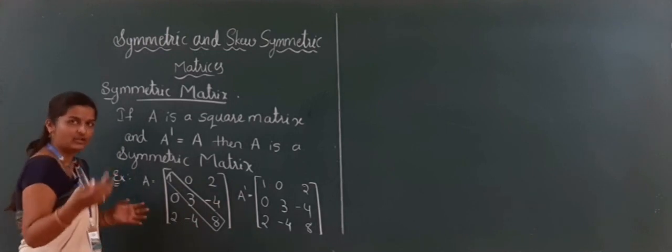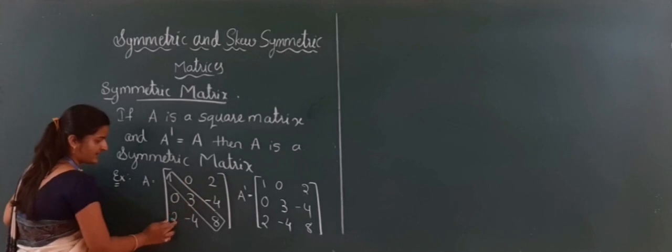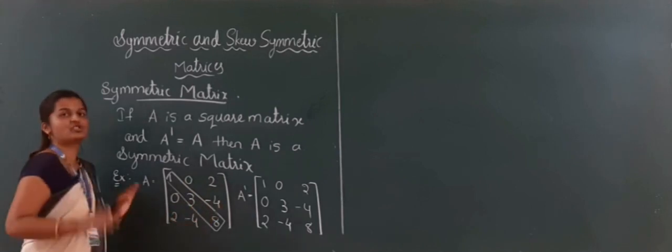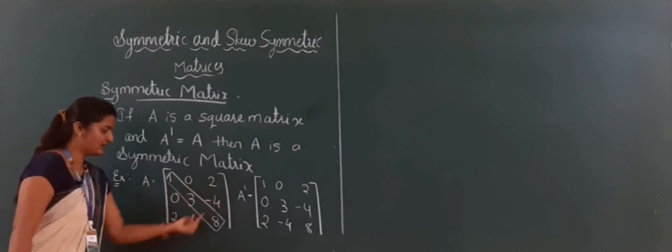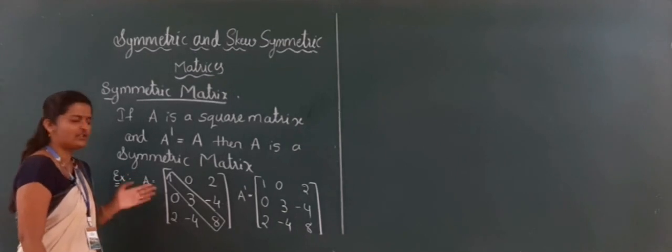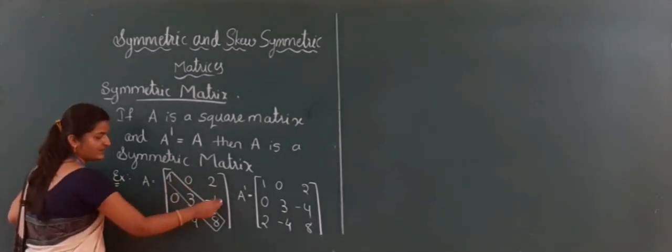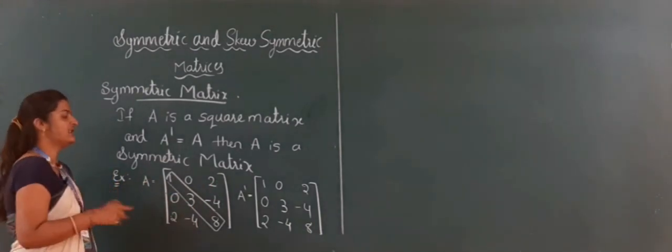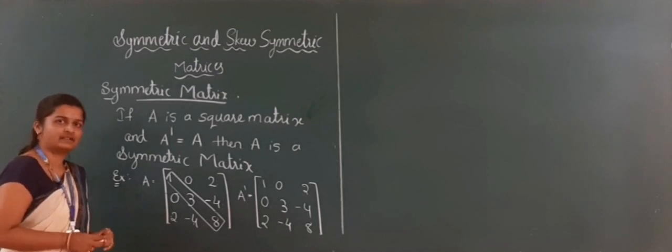The non-diagonal elements like this one and this one should be the same. Here also 0, 0, 2, 2, minus 4, minus 4. The diagonal elements may be anything, 1, 3, 8, but the coinciding non-diagonal elements should be the same.